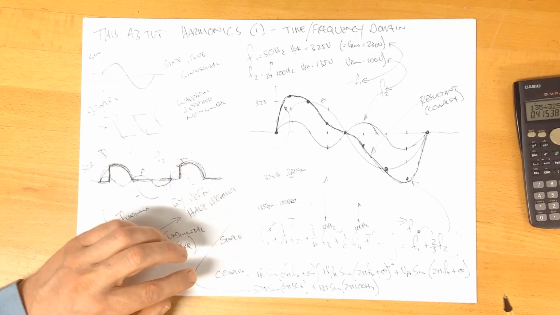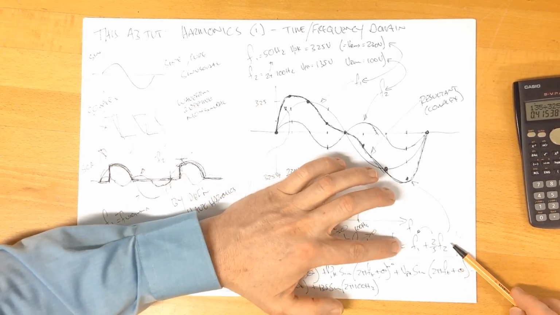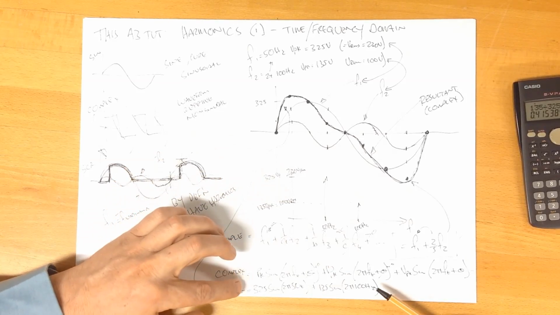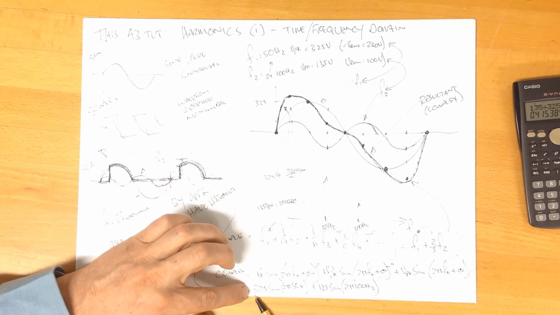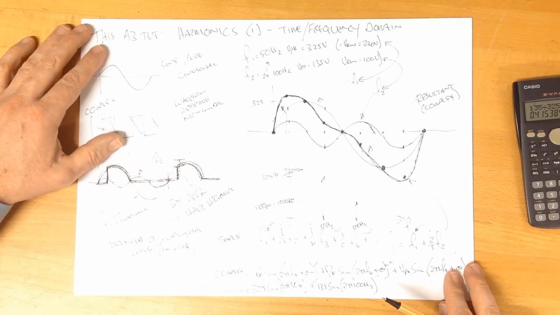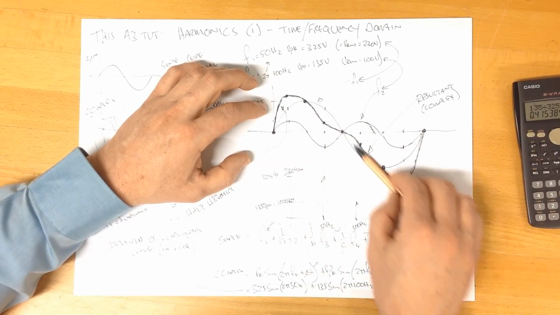In an exam, for example, you could be given a complex wave as an expression like this, or you could be given a complex wave as an expression like this. And your job would be to go through and identify all these particular terms out of this expression and understand what's going on here.